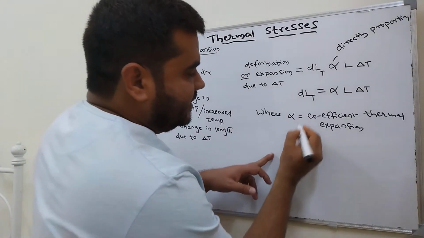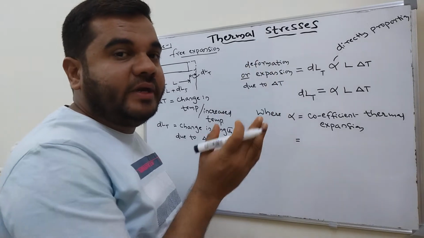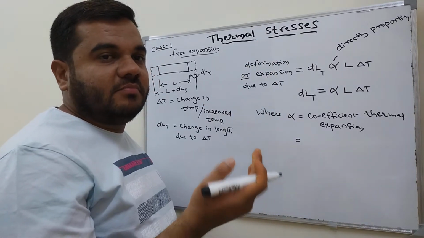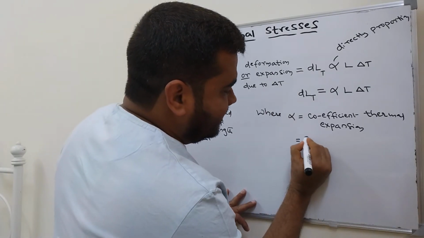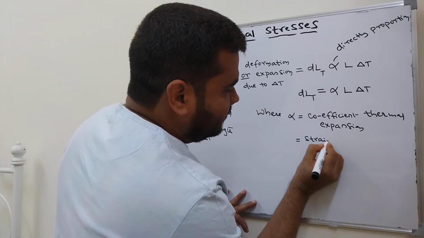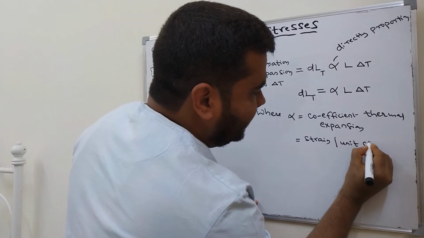What does it mean? It is the strain: how much strain per unit change in temperature. Per unit change in temperature, how much will be the strain? That I can write as strain per unit degree.